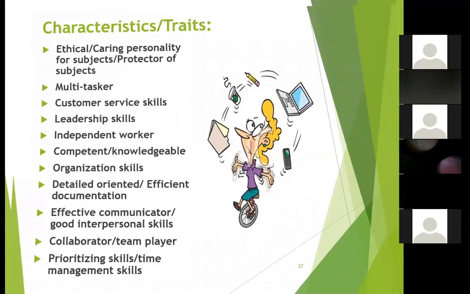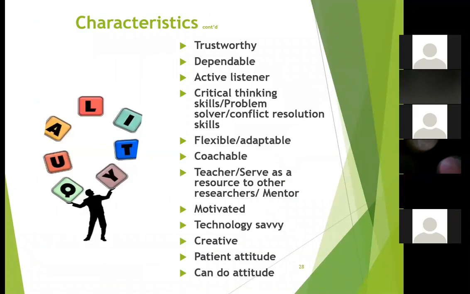So you just thought we were amazing, possessing all those characteristic traits on the previous slide, but wait, there are more great qualities that we must possess in order to be great researchers. And I'm not going to read all of these to you, but just take notice of a few of those. Trustworthy, an active listener, that's very important.